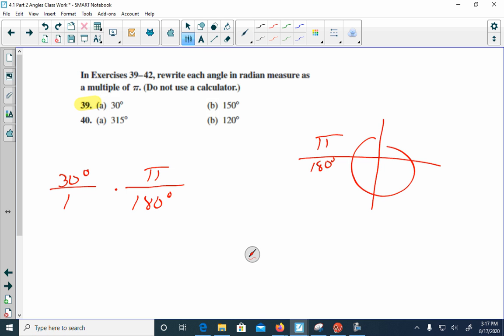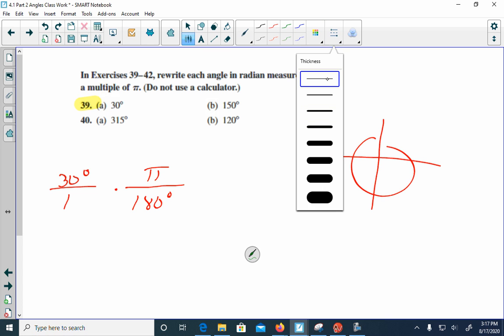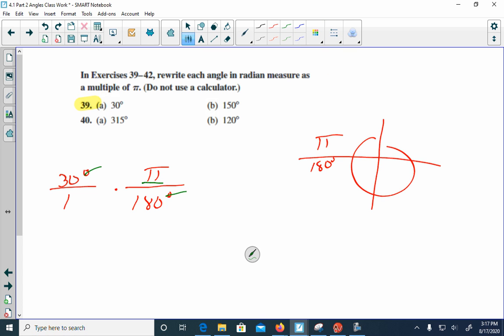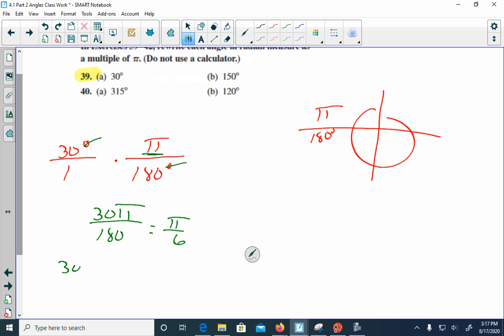The unit of measurement will simplify, and I'm going to leave this pi here. So I'm going to start off with 30 pi over 180, which will end up being pi over 6. If you're not a fan of fractions, you're just taking 30 over 180 on your calculator. It'll give you the 1/6. You just have to make sure that you put the pi in there.